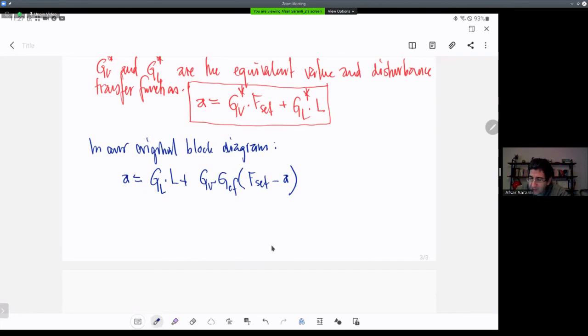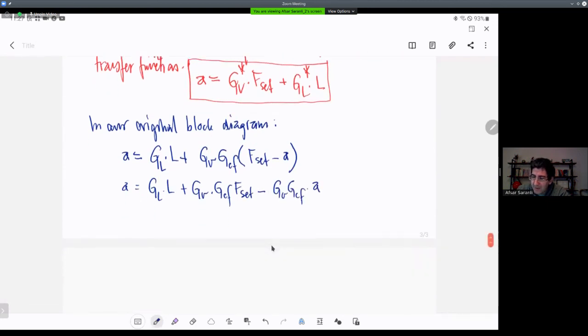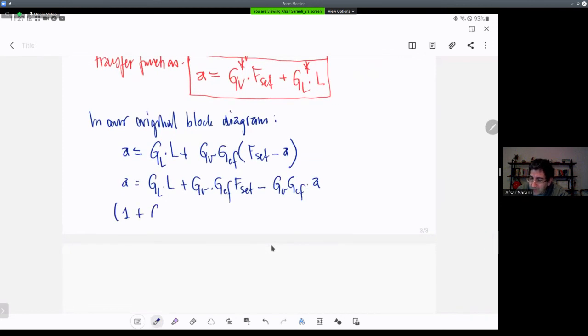So A is equal to GL times L plus GV times GCF times F set minus GV times GCF times A. Now we have (1 plus GV times GCF) times A being equal to GV times GCF times F set plus GL times L.